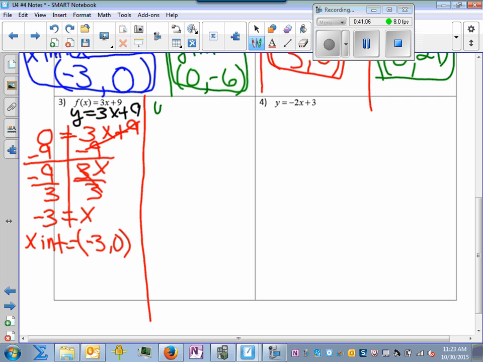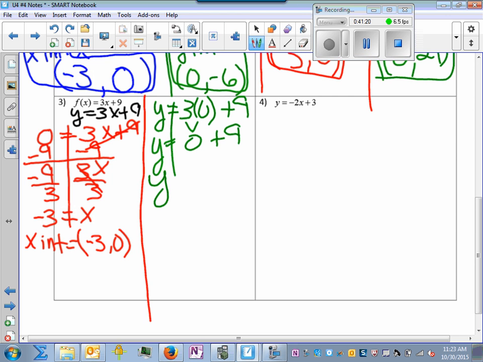So I have y equals 3 times 0 plus 9. 3 times 0 gives me 0 plus 9. 0 plus 9 gives me 9. So y equals 9. And I could have, again, just looked at that, saw my 3 times 0, and just crossed it out and got y equals 9.